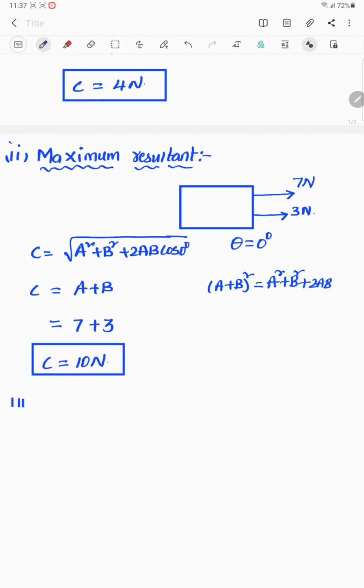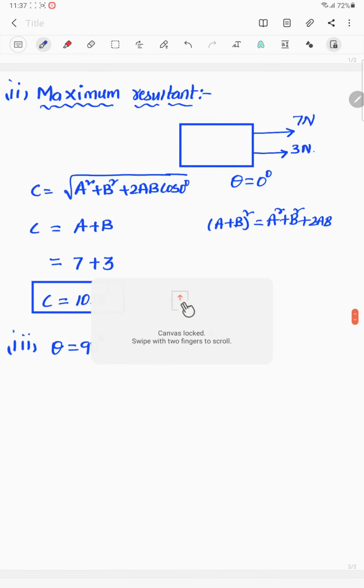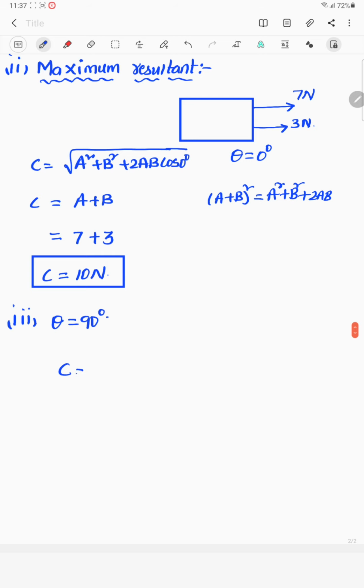And now the final thing: what is the resultant if the forces act perpendicular to each other, or at 90 degrees to each other? So theta is equal to 90 degrees. Substituting directly, C is equal to the square root of a square plus b square plus 2ab cos 90 degrees, and cos 90 is 0.